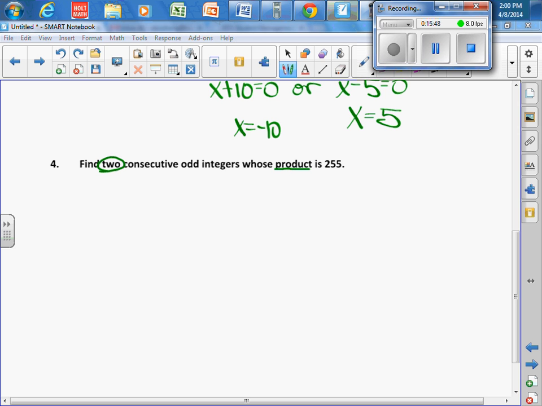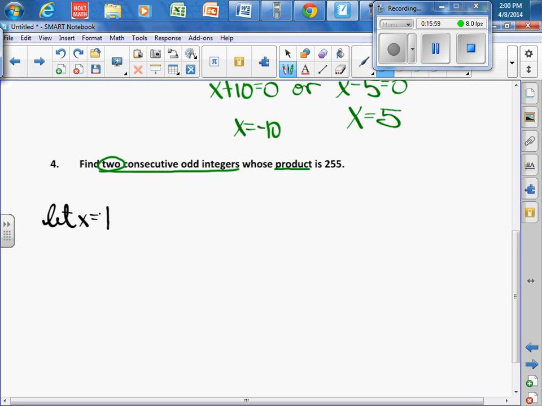Two consecutive odd integers. If you recall, when we set up odd integers before, we would say, let x equal the first odd integer. You have to define your variables. How would we find the next consecutive odd integer? Well, we'd have to add 2 to it. Remember that?